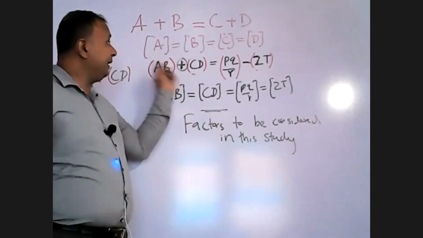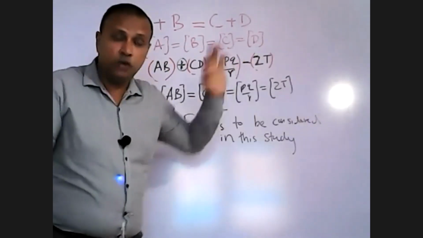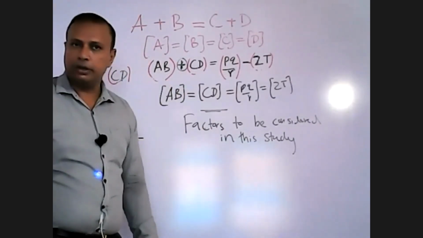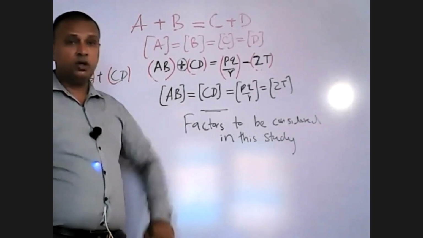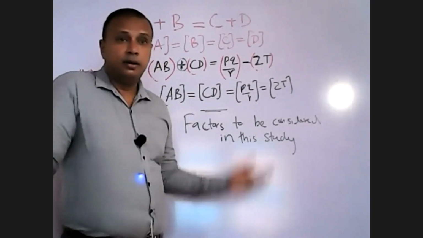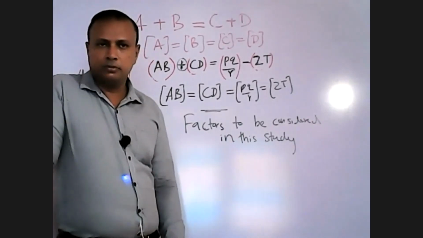So each and every term in an equation should have the same dimension. You should understand that when you are determining the accuracy of an equation.